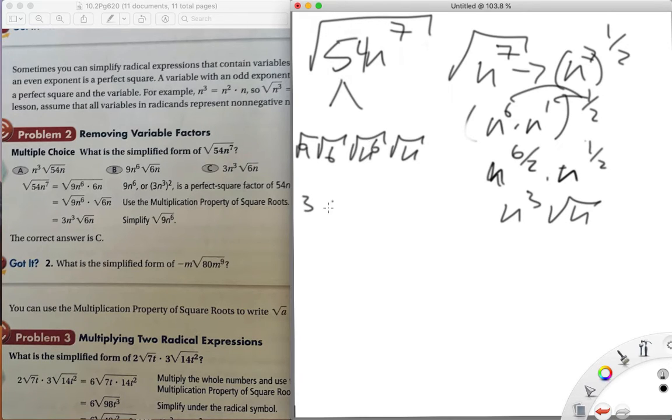The square root of n to the 6 is n to the third. And then we have the square root of 6 times the square root of n. I can combine those guys together. Square root of n, 6n square root, and I'm done.